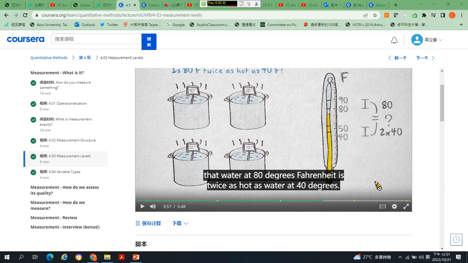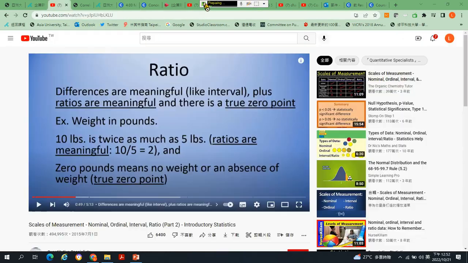So if the measurement level has an absolute zero, then that's a ratio variable or ratio measurement. Here ratios are meaningful, and there's a true 0 point. For example, height and weight.